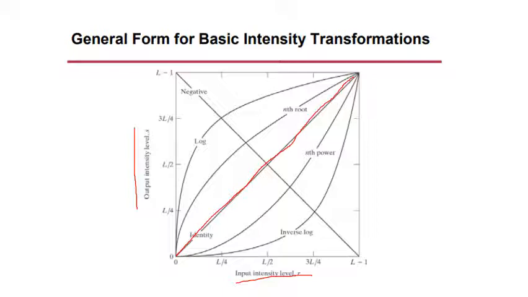If input is 0, output should be 255, or if input is 255, output should be 0. Just take the reverse, or subtract from the highest value. If L is the highest value, say 255, and the input is 50, then the output should be 255 minus 50. The slope will be like this. This is very simple maths.